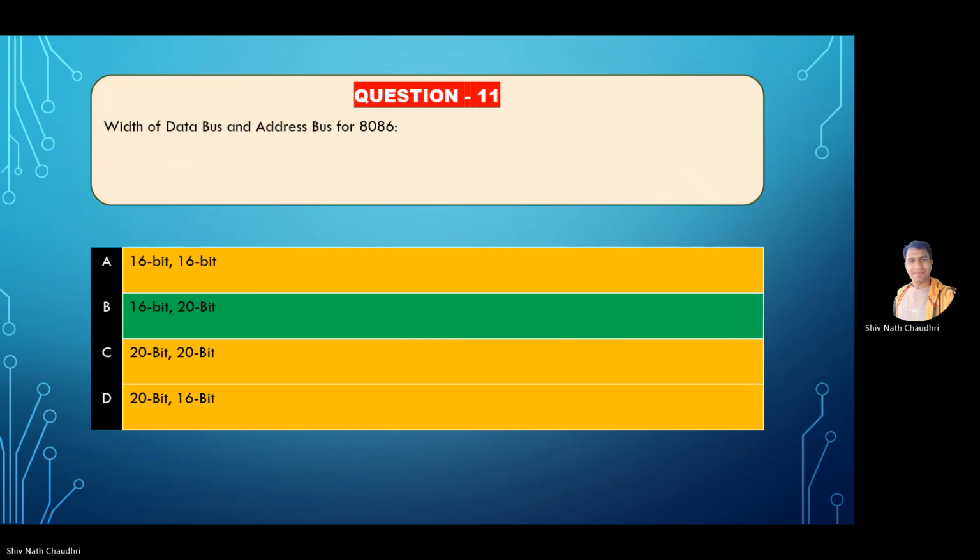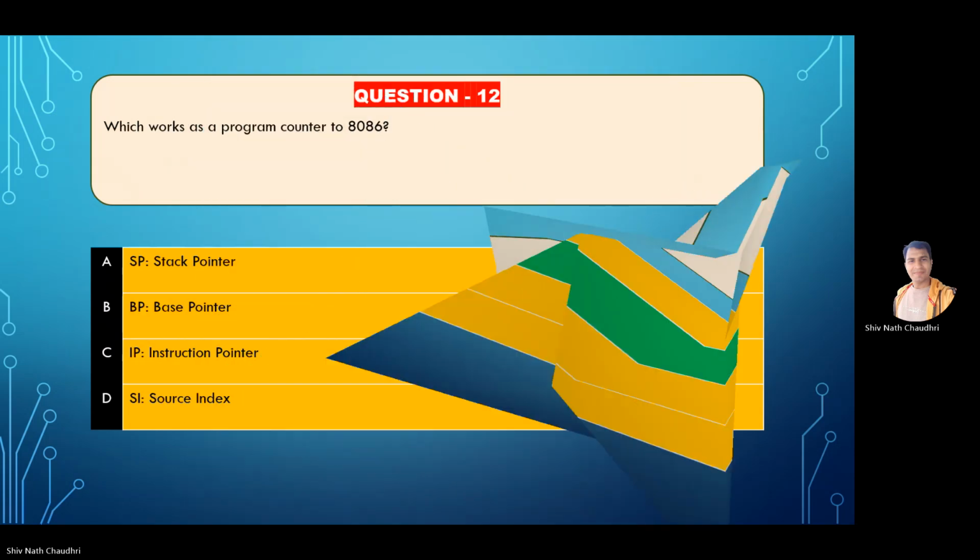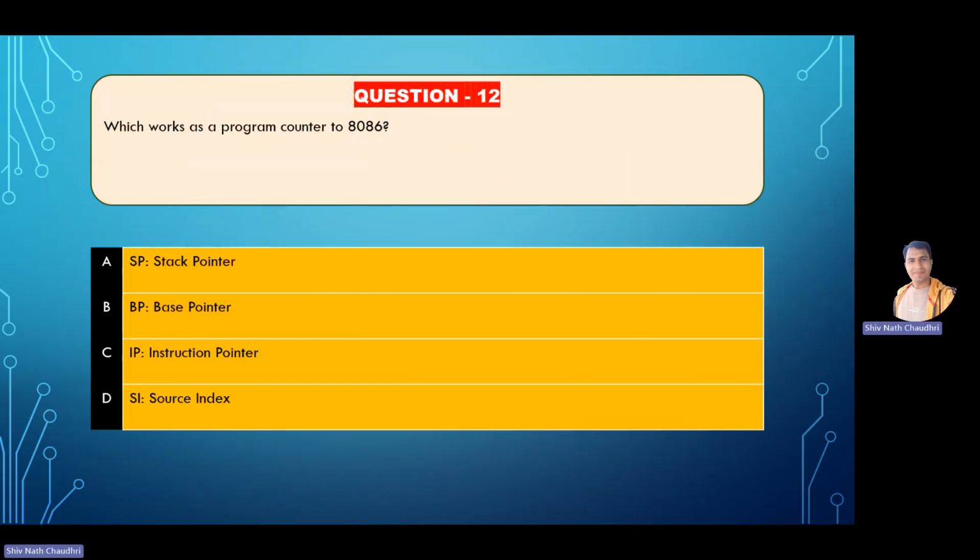Let's see the next question. The next question is which works as a program counter in 8086. Okay, in 8085 the program counter is also known as PC, but here no direct program counter or PC is given in the options. So for 8086 there is a different name for the program counter.